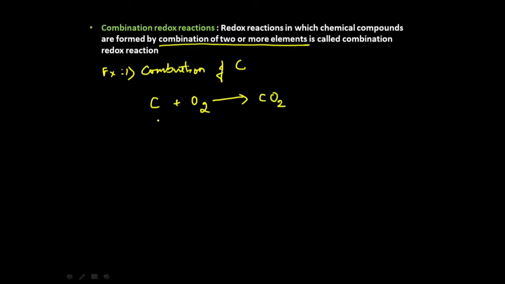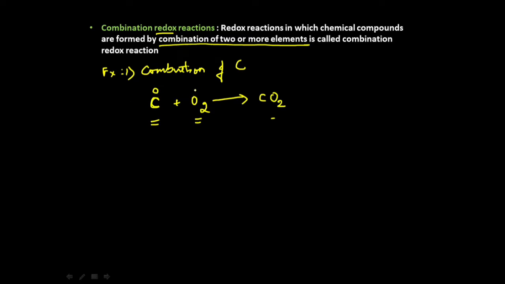Here two reacting species are combining to form this product, so this is an example of a combination reaction. But this is a combination redox reaction. Redox reaction means one element will undergo oxidation and another element will undergo reduction. In this case the oxidation state of carbon is 0, because as per the oxidation state rules, any element in its elementary form will possess 0 oxidation state.